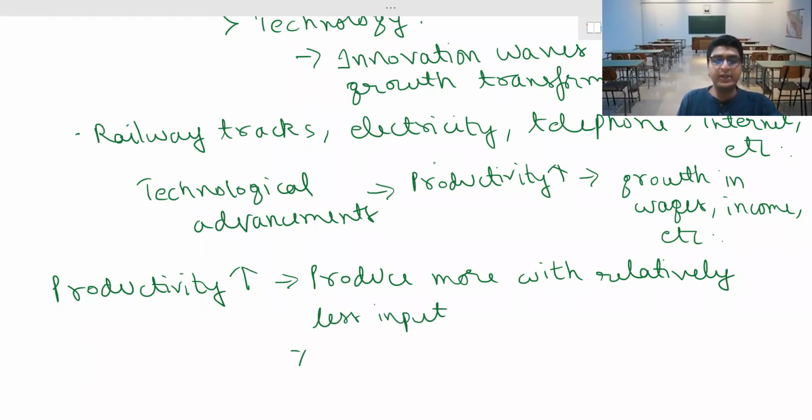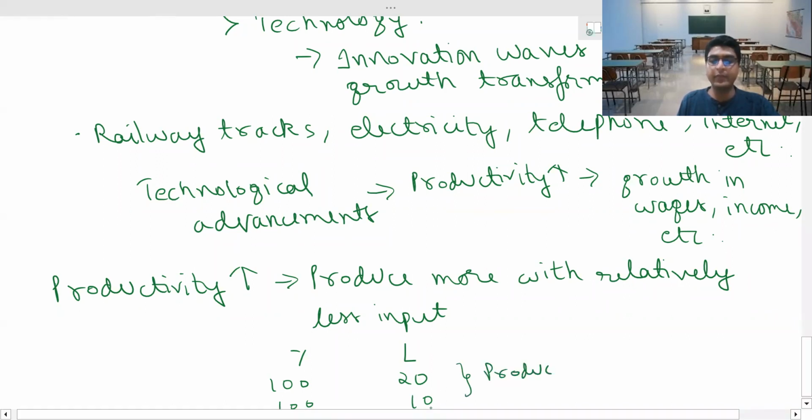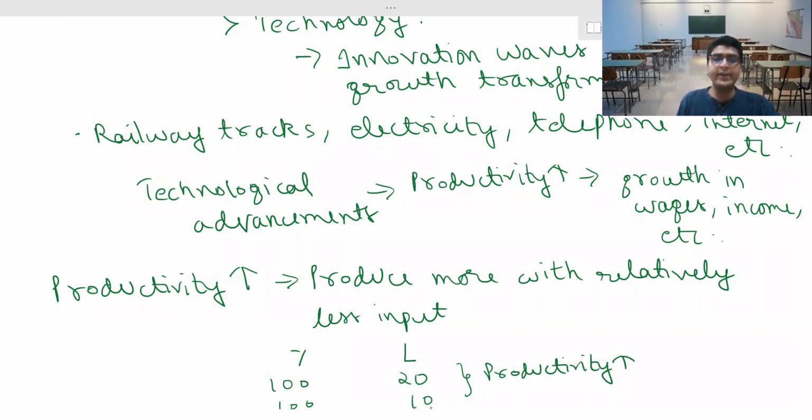In numbers, you can say that, let's say some output depends only on labor. Okay. So suppose earlier using 20 workers, you were able to produce 100 units of output, and now you are able to produce the same output, but with fewer workers, then that is a productivity increase, right? And this thing is mostly enabled by technology. Let's say the output is measured by the number of kilometers you travel.